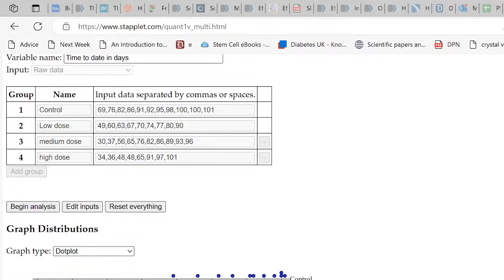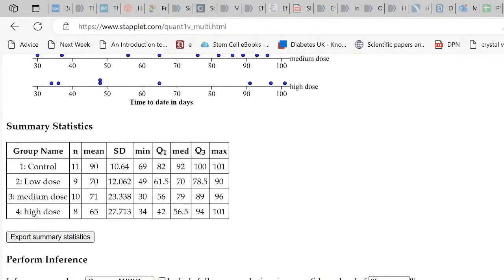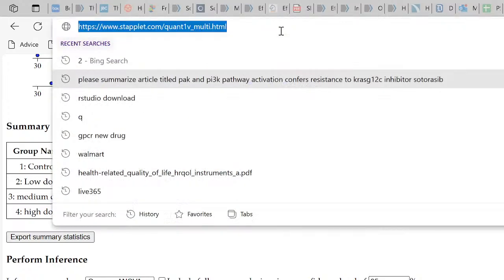I kind of like it the other way around because you just say this divided by this is this. Okay, whatever. Mean square, F value, P value. That's how you do it. I show you on Excel.